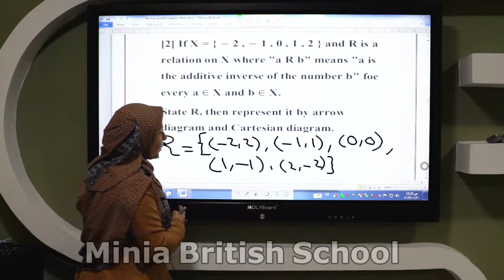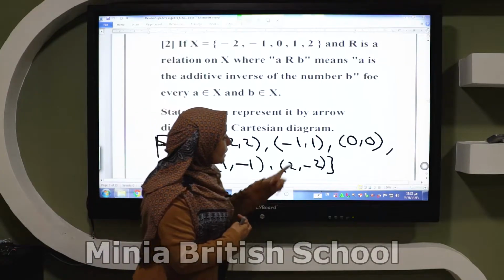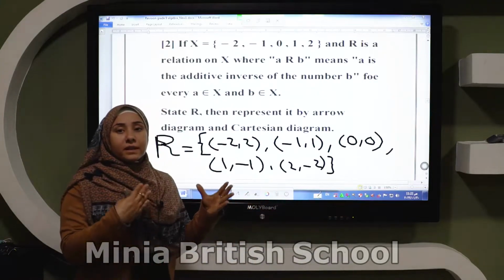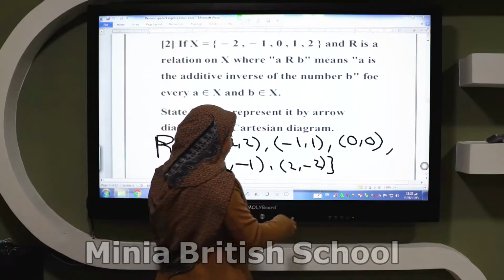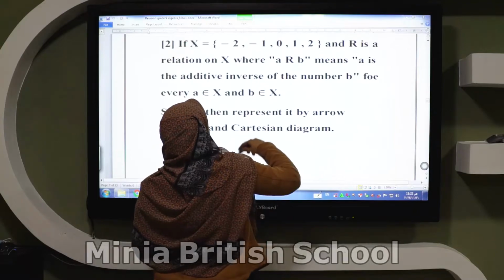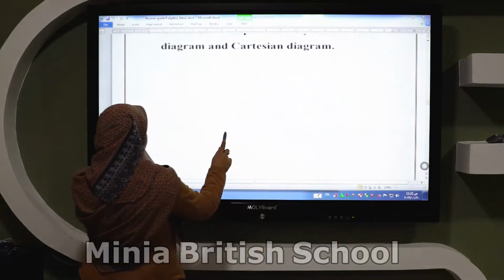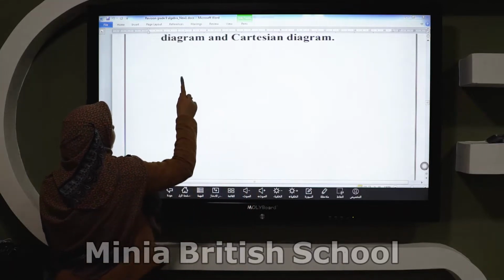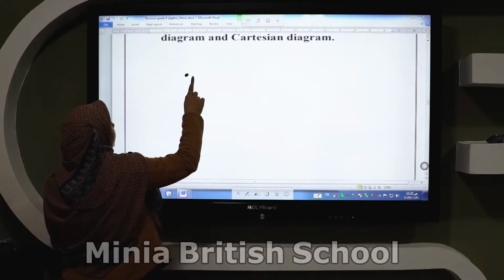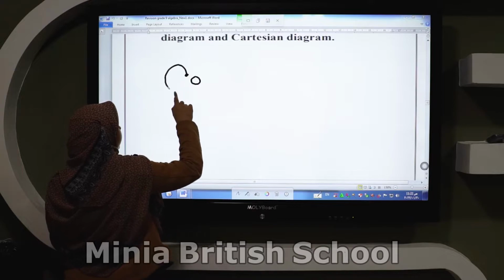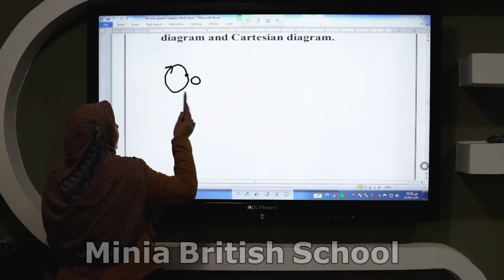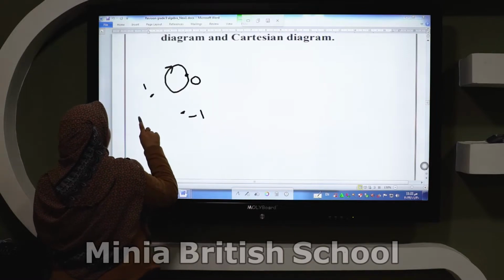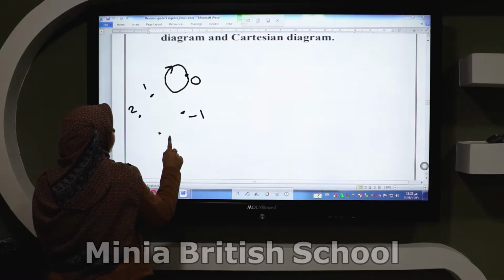First, we note something here: 0, 0. The first projection equals the second projection, so I will represent it by a loop. In the first set I have 0, and I will represent it by a loop. I also have element 1, element -1, element 2, element -2.